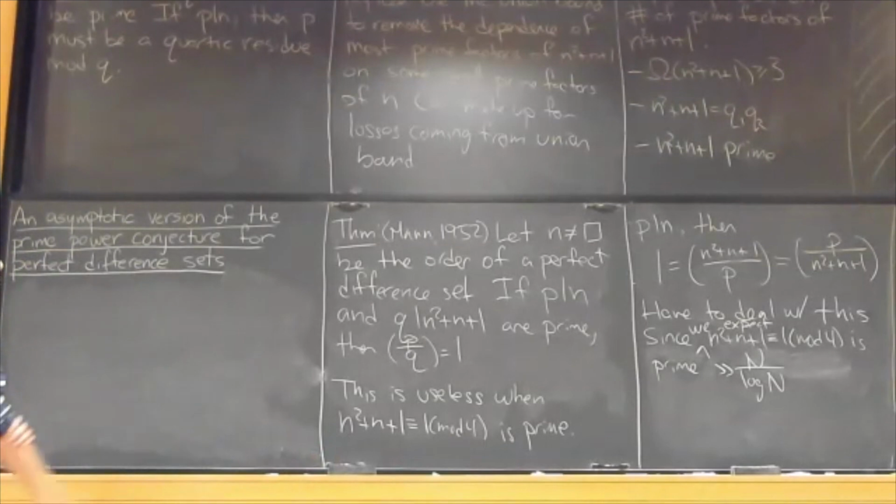So what goes into the case when n squared plus n plus 1 has at least 3 prime factors?